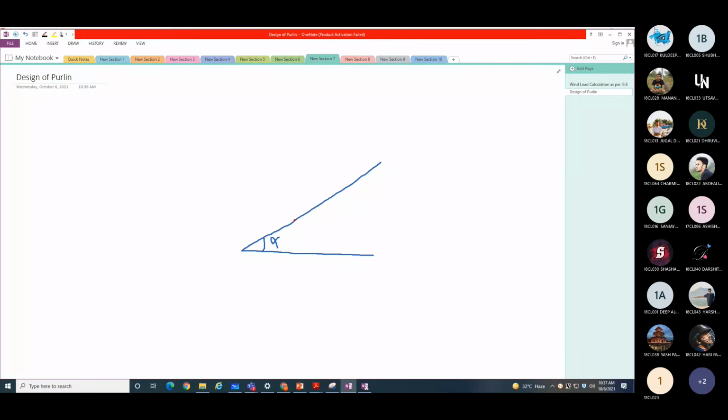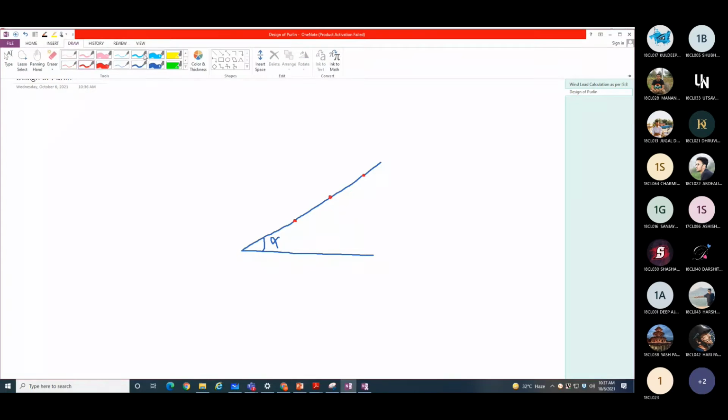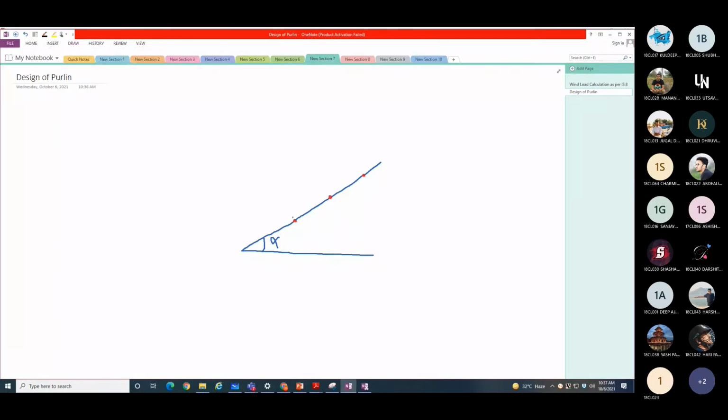Now say for example, this is your node point. This is also your node point. This is also a node point. And on these node points, the purlins are placed. Say for example, a channel section purlin.